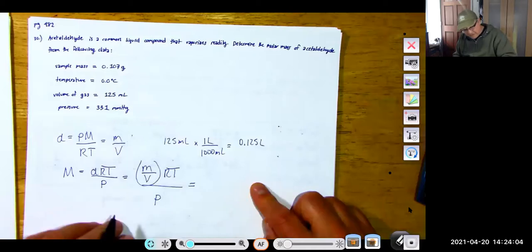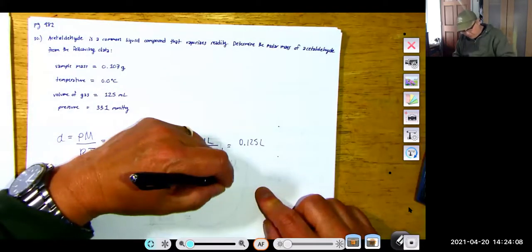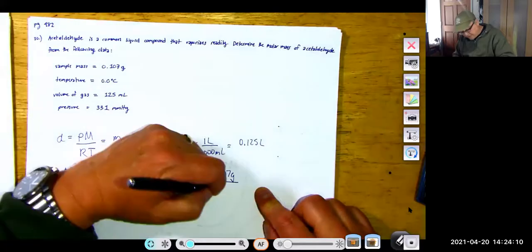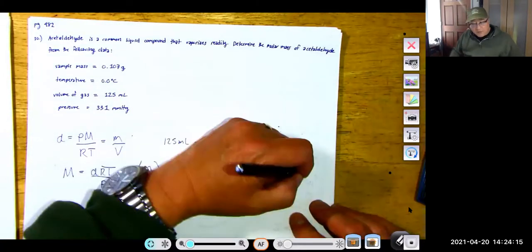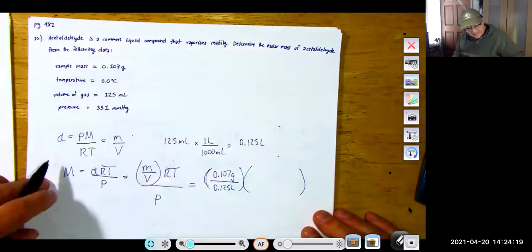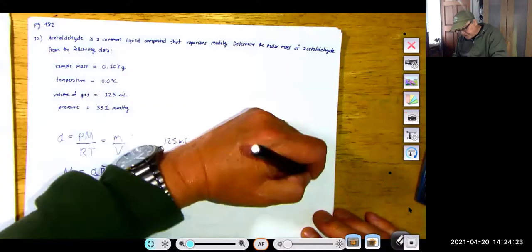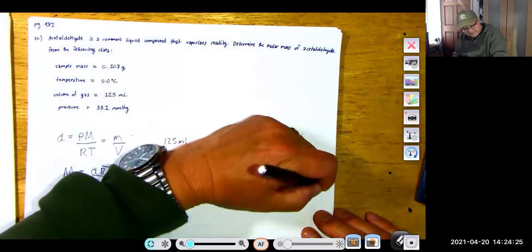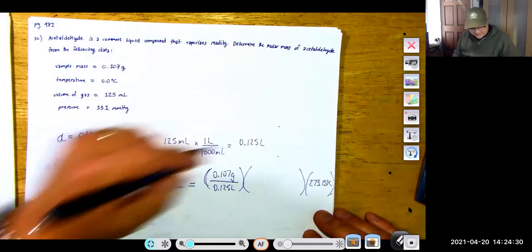So we have 0.107 grams over 0.125 liters. I'm going to leave the R off until I know what my pressure is. My T is going to be 273.15 K, right? That one's easy.